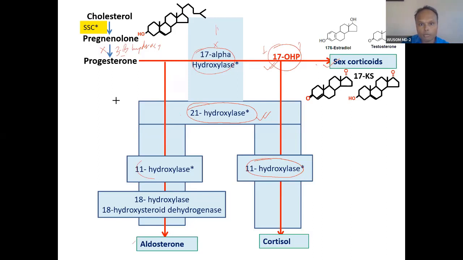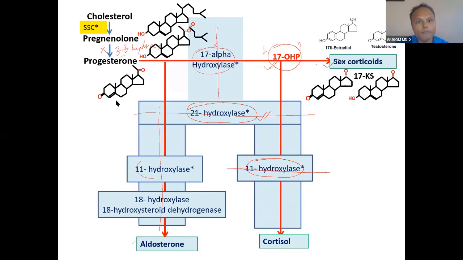A blockade here will cause low sex corticoid synthesis. A blockade here will cause high sex corticoid synthesis. A blockade here will cause what? Sex corticoid plus aldosterone loss. So you have to understand it this way.